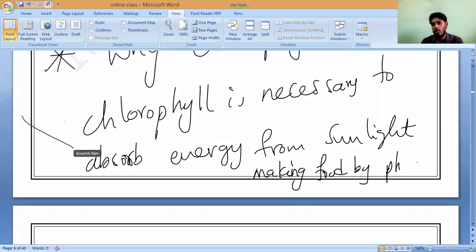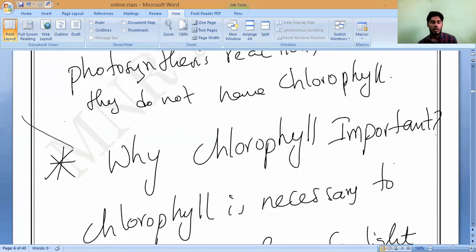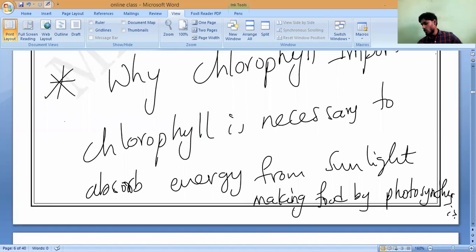Photosynthesis. So this is called the autotrophic mode of nutrition. Any doubt, Mari, Hari? Note it down. No doubt, sir. This is all about the autotrophic mode of nutrition. I hope you understand very well.